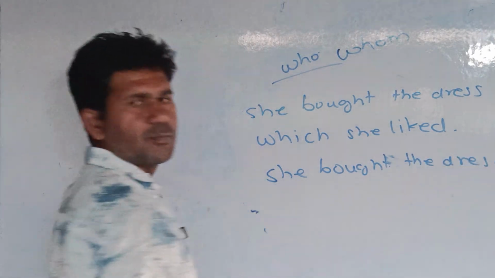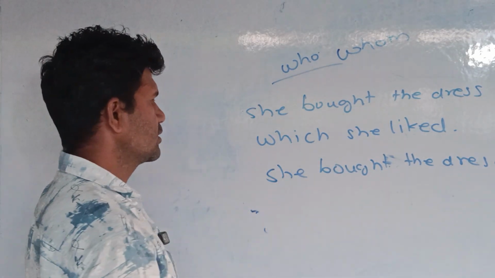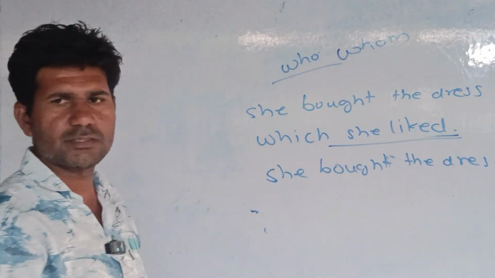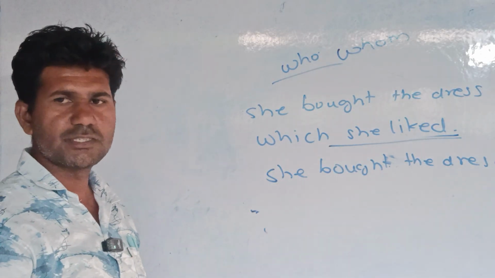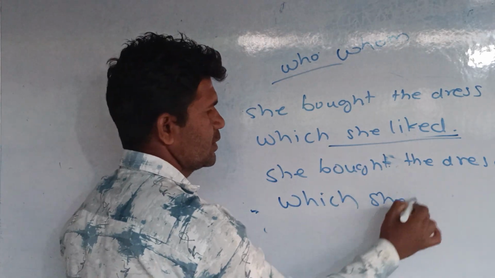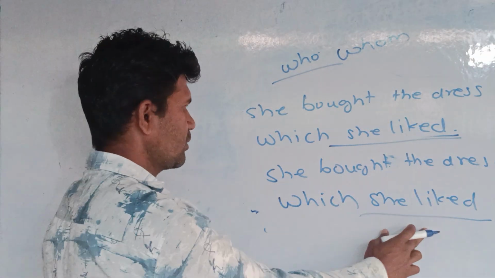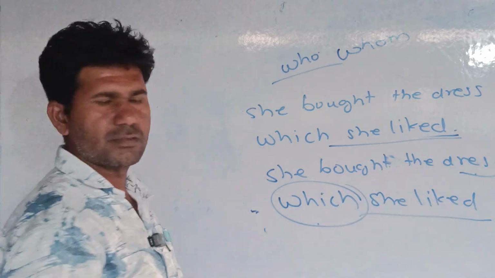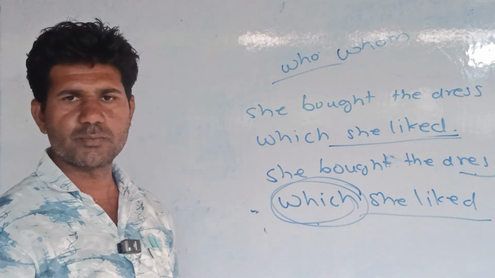She bought the dress. Which dress? She liked the dress. Which she liked. She liked is our relative clause. It is describing the dress. Which dress? Which she liked. It provides information about the dress. And this word which, it connects the relative clause to dress. So in this case, which is our relative pronoun.